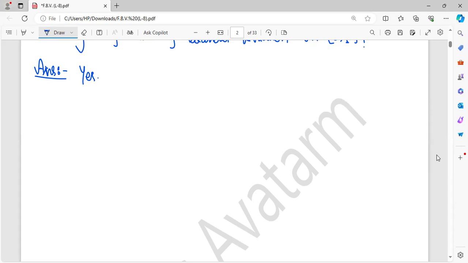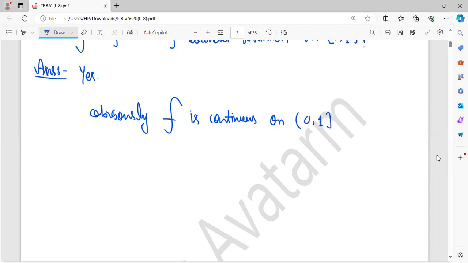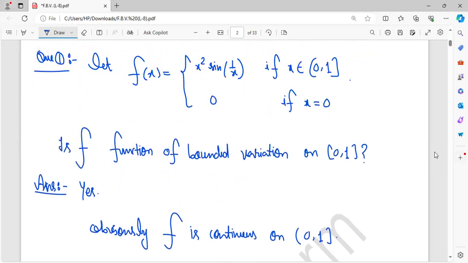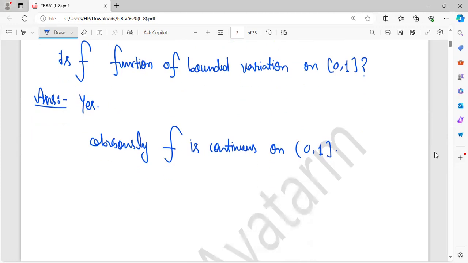So obviously f is continuous on open (0, 1), because on open (0, 1) sine 1 upon x is continuous and x square is also continuous. So f(x) is continuous on the open interval (0, 1). Now we need to check only x is equal to 0.